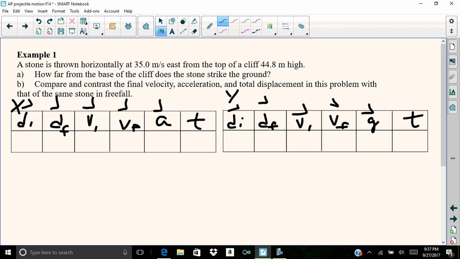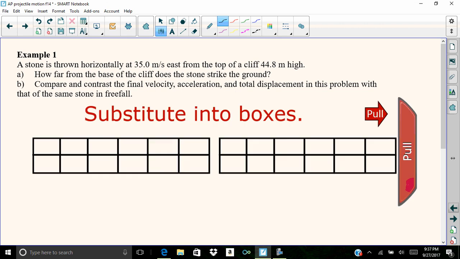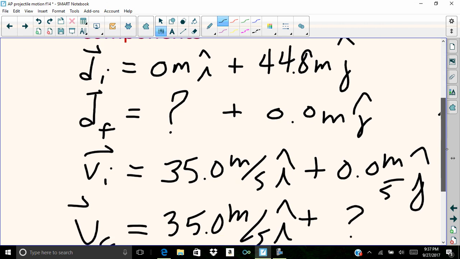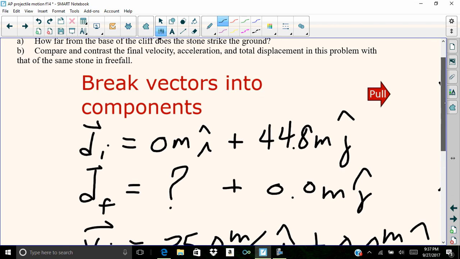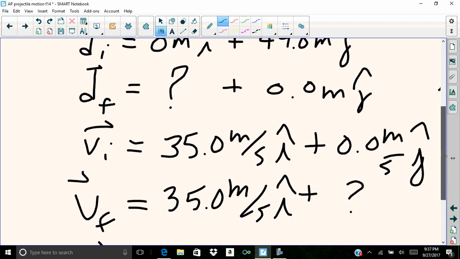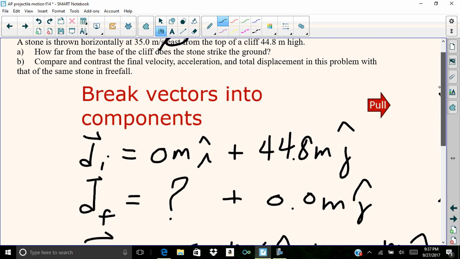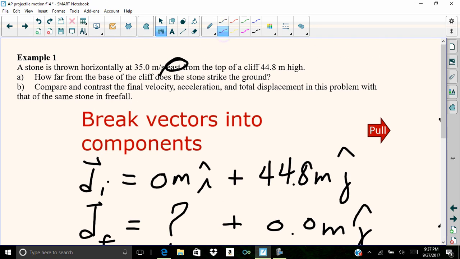Okay, now what we're going to do is go back to our previous page here. Actually, two previous pages. I want to show you something. Notice how we've written each component or each variable as a vector quantity. We've written it with an i hat and a j hat. So here's what I want you to do.